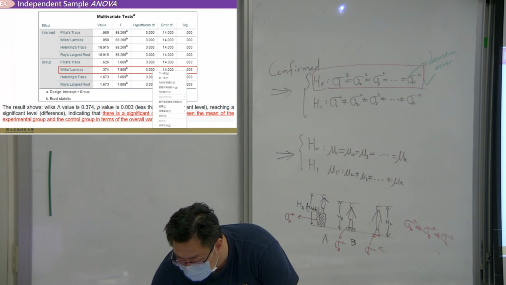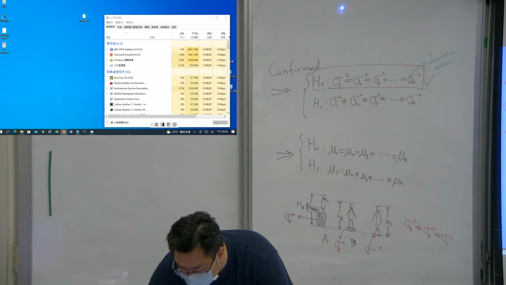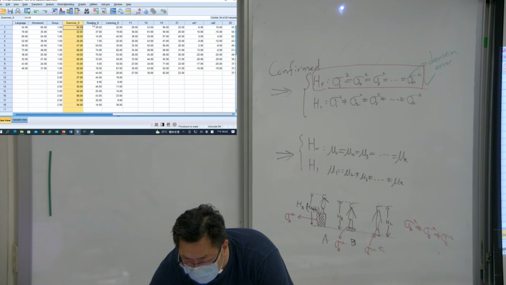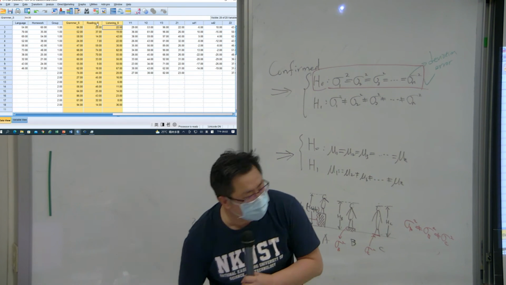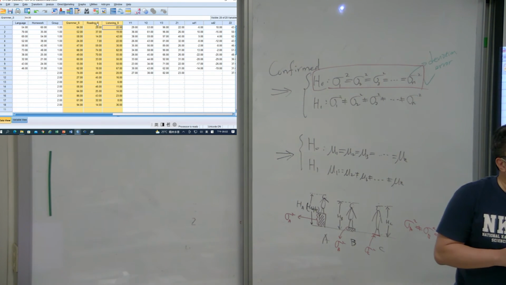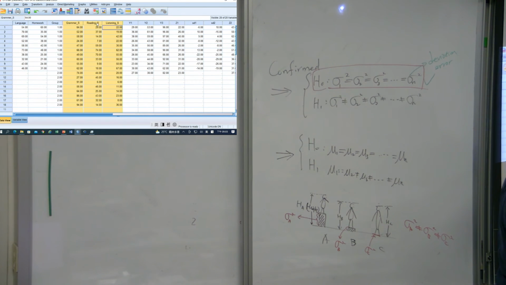Then I do the SPSS for you. Here, grammar, reading, listening. Do you remember last time when we did the independent t-test, I always warned you, not only the data, but you also have to edit one field. The field is group. You have to define which group the data belongs to.